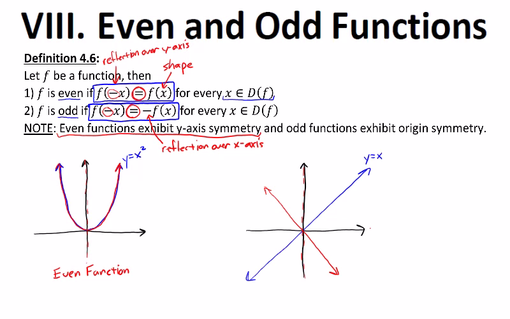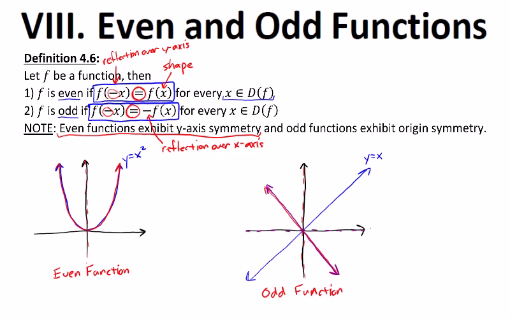Now let's say I take my y equals x, the blue line, and this time I want to reflect it over the x-axis. If I do that, then I'm going to end up with the exact same line that I did when I performed the y-axis reflection. So these two transformations end up being indistinguishable from each other for the identity function. So that means that this is an example of an odd function.